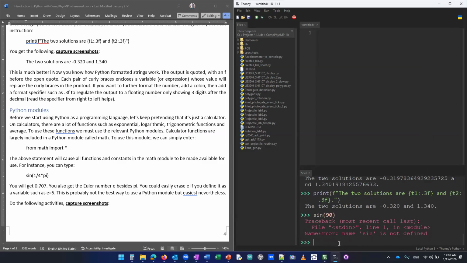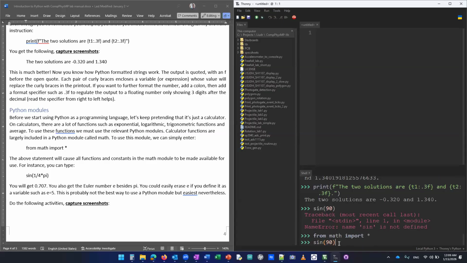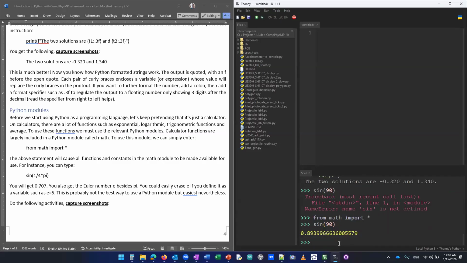So if you type up from math import star, the star means import everything from math. Now you can run sine 90, which does not give you a 1, because all these trig functions, just like in all the other programming languages, require readings for angles in radians. 90 degrees, okay, that's half a pi.